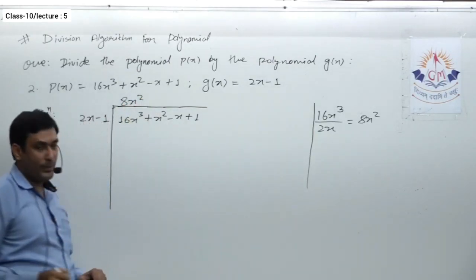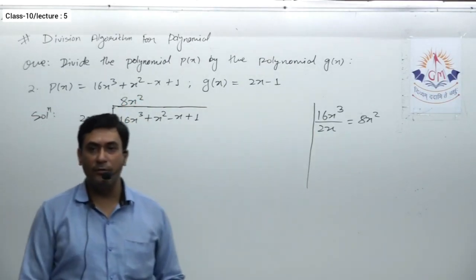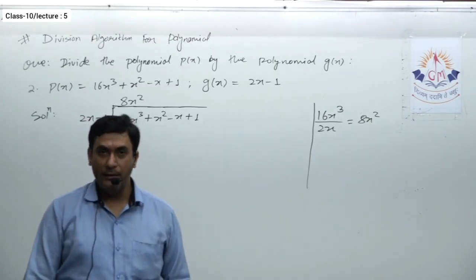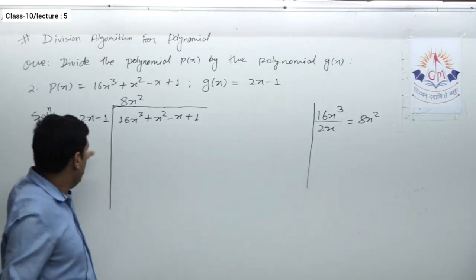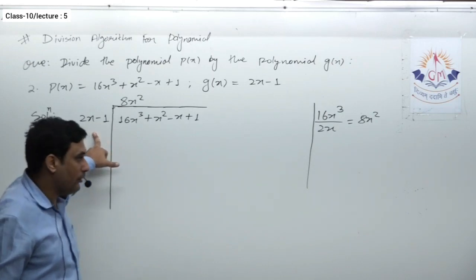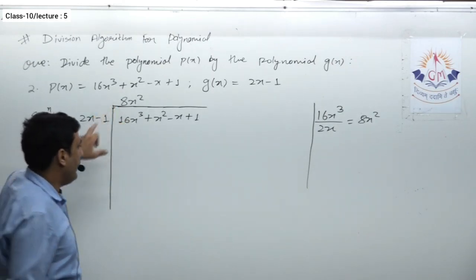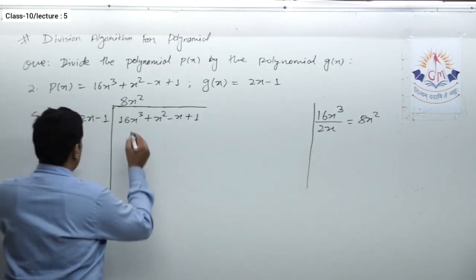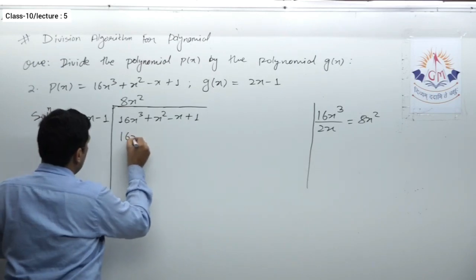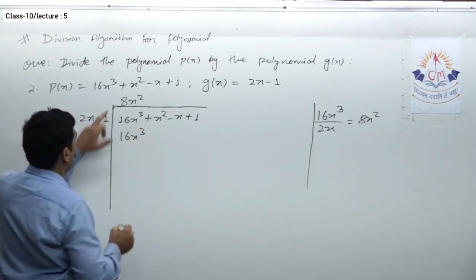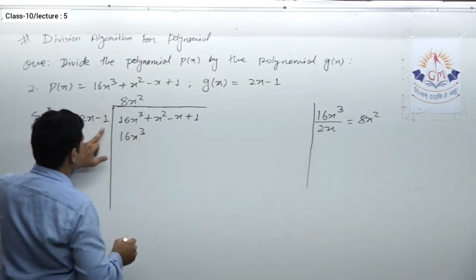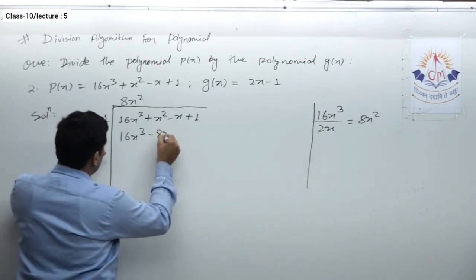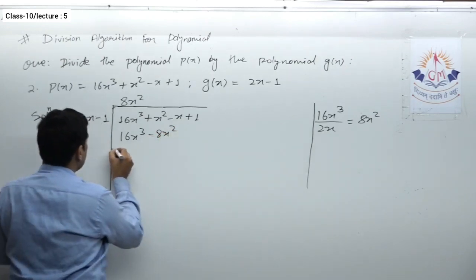Now after obtaining the first term of the quotient, we have to multiply that term of the quotient with each term of the divisor polynomial. So 8x square into 2x gives you 16x cube. Then 8x square times minus 1 gives you minus 8x square.